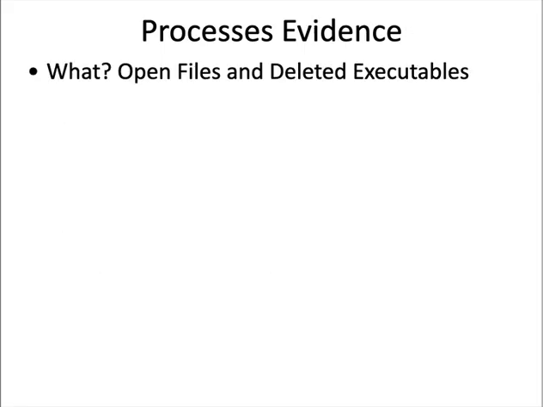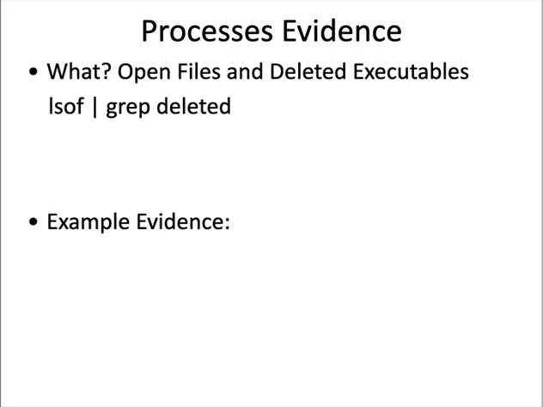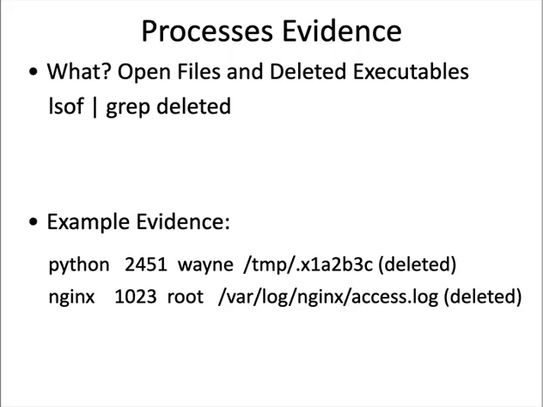Now, we've talked about deleted executables being suspicious. The easiest way to get that on a Unix machine is using lsof and piping that output through grep, looking for the word deleted. And if you do that, you will get something that looks like this.